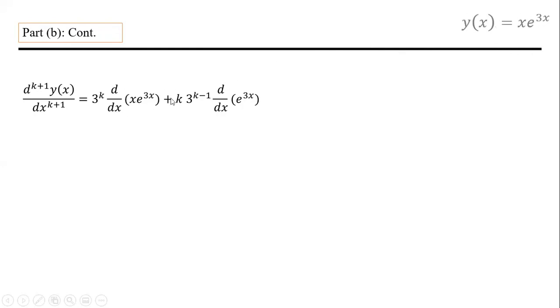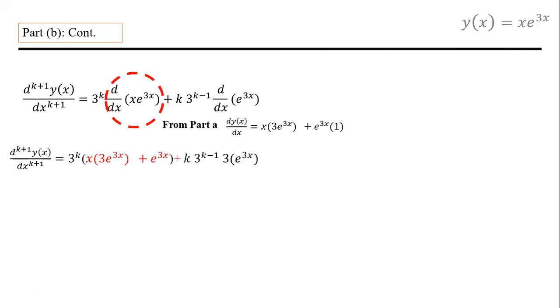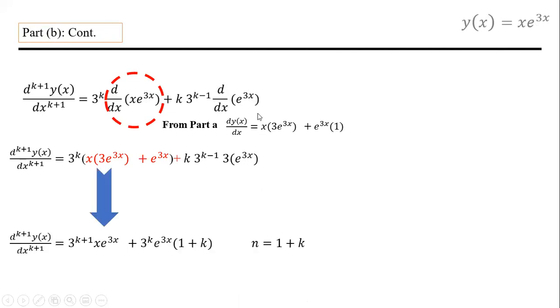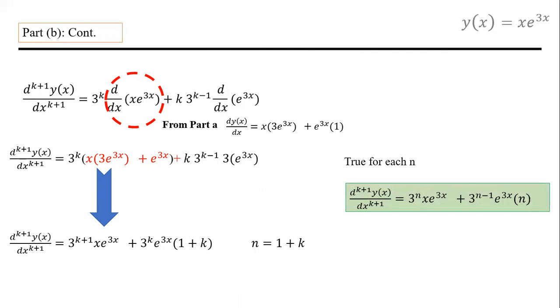So we already have the result for d over dx of x multiplied by e to the power of 3x from part A. So we substitute part A here, and here d over dx of e to the power of 3x is 3 multiplied by e to the power of 3x. So we can obtain this equation for n equal k plus 1. So we can say that this is true for each n.